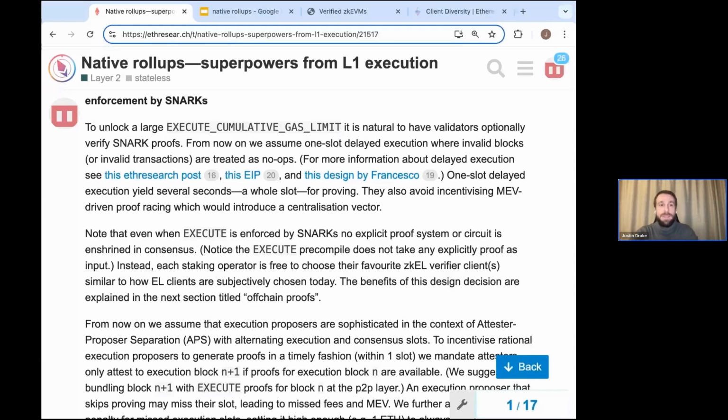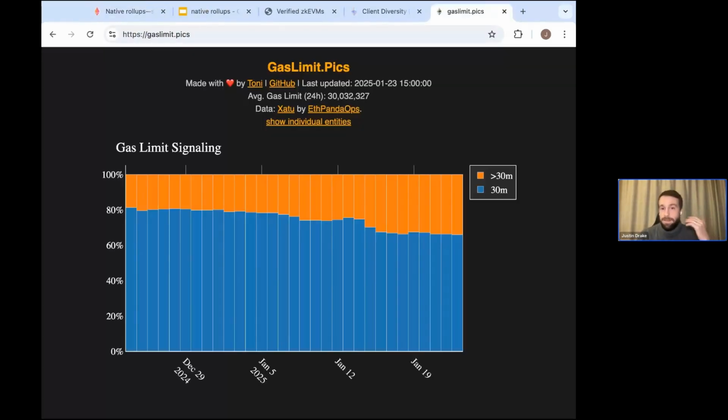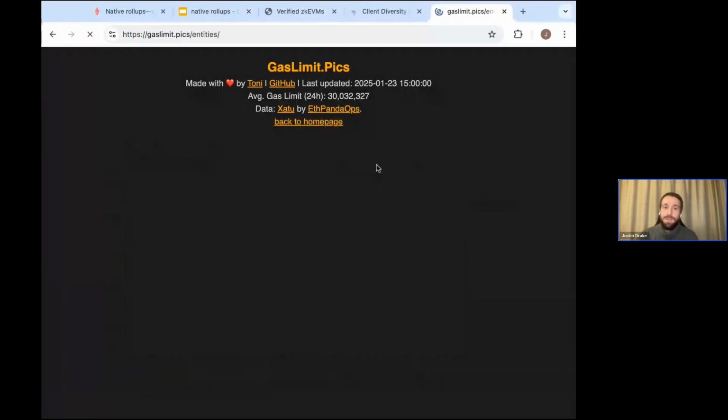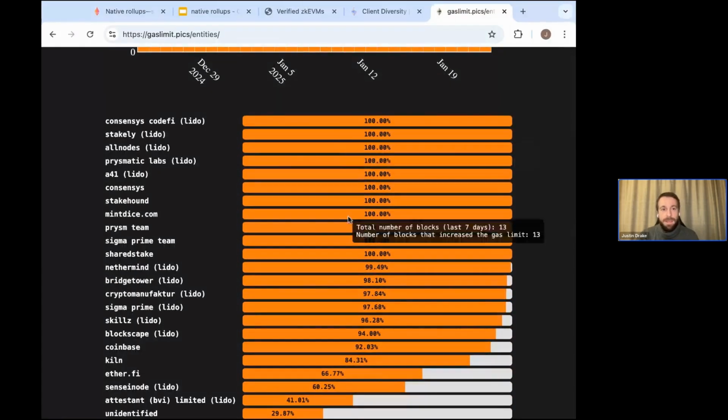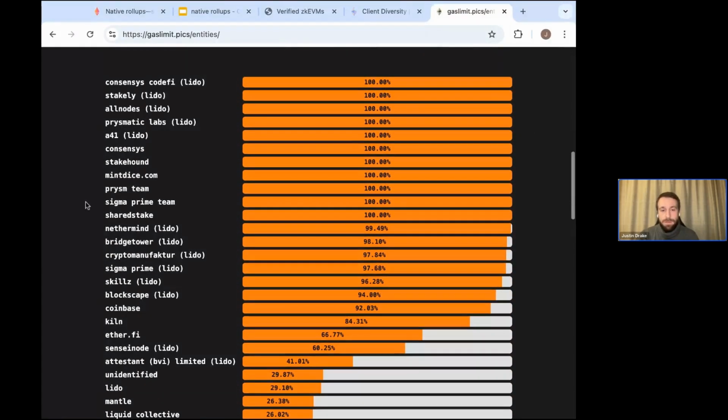By the way, on that note, if you are a validator, please consider voting to increase the gas limit. So the gas limit is actually controlled by the stakers. And if you click on show individual entities here, you will see various entities that have already started voting to increase the gas limit.